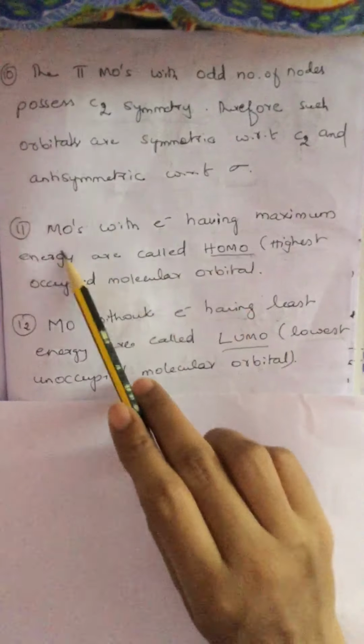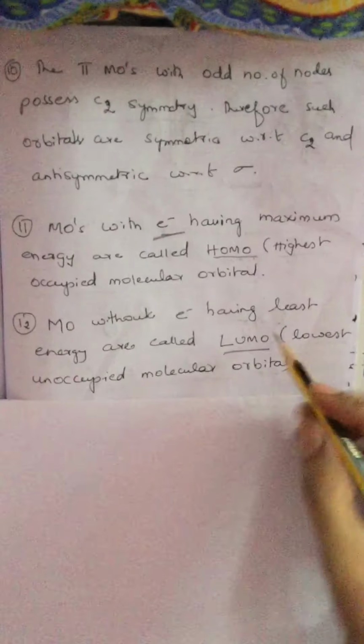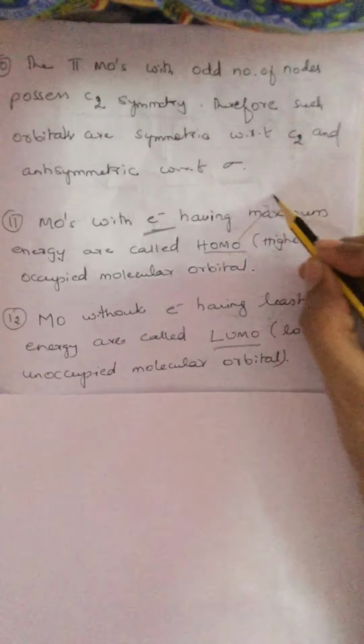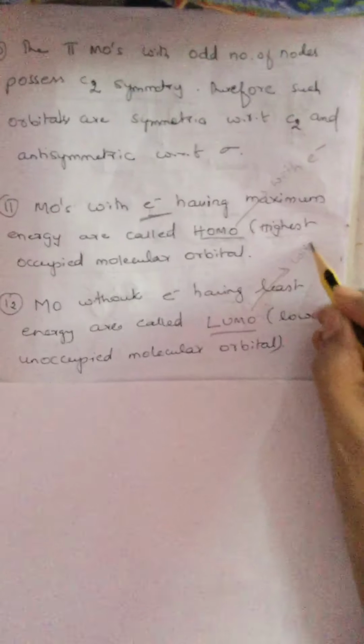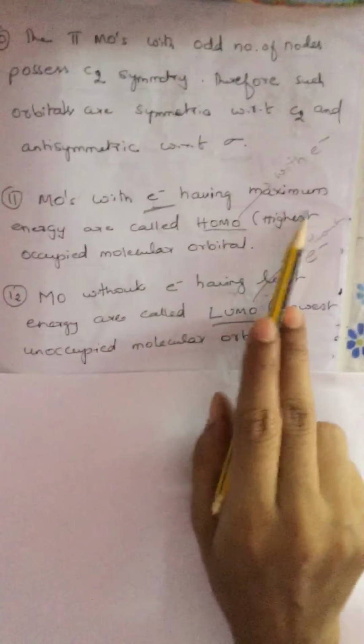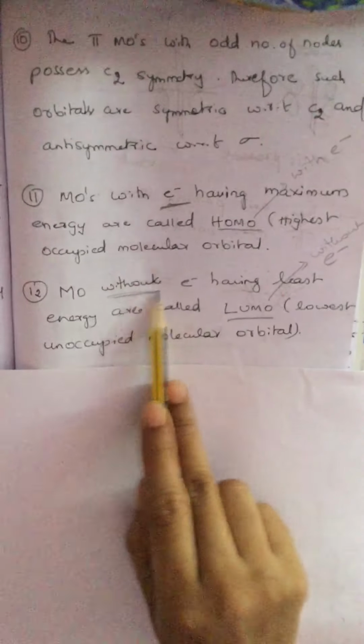HOMO is molecular orbitals with electrons, LUMO is molecular orbitals without electrons. So molecular orbitals with electrons having maximum energy are called HOMO. Molecular orbitals without electrons having least energy are called LUMO.